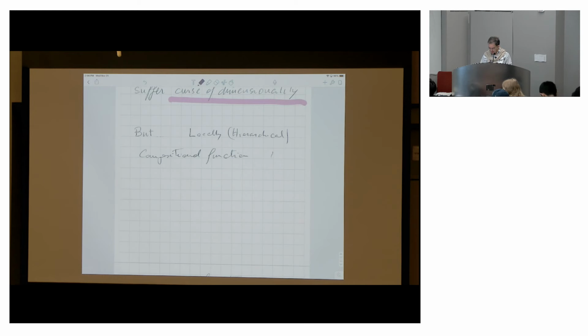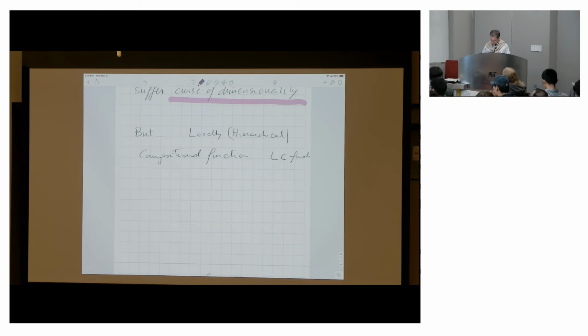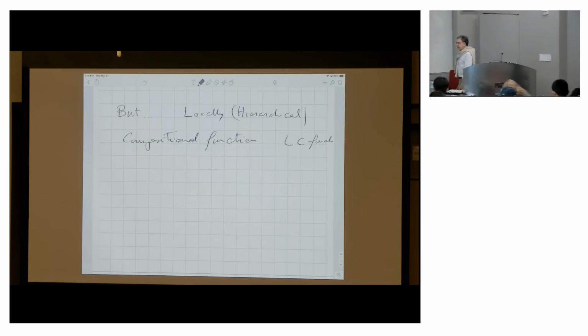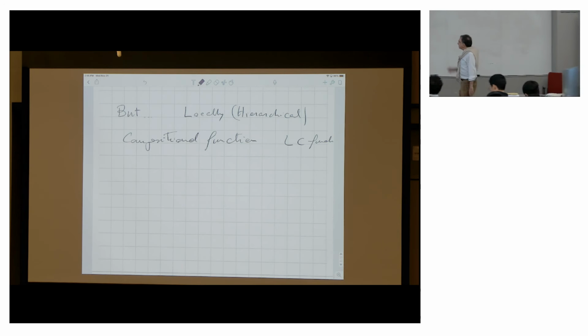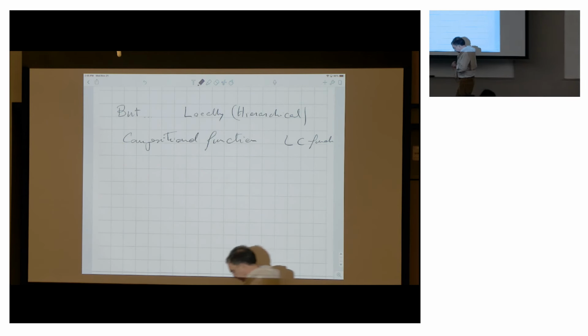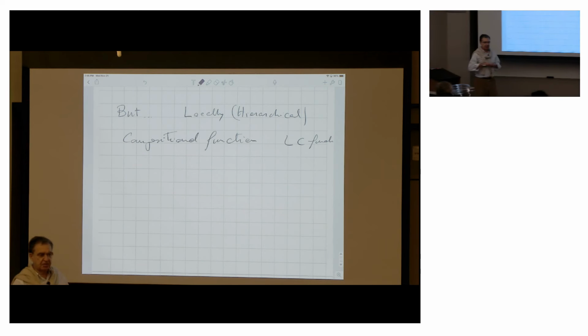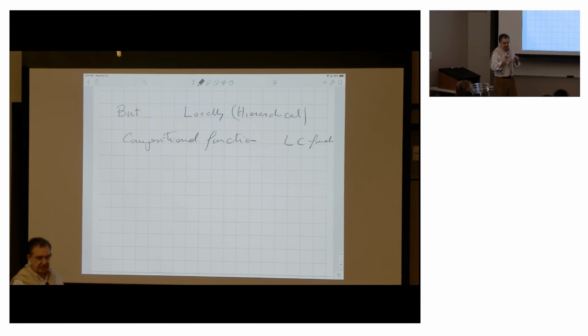Say in short, alt-C functions. So I can show that for this class of functions that I'm going to explain, deep networks of a certain type don't have the curse of dimensionality, whereas shallow networks do.